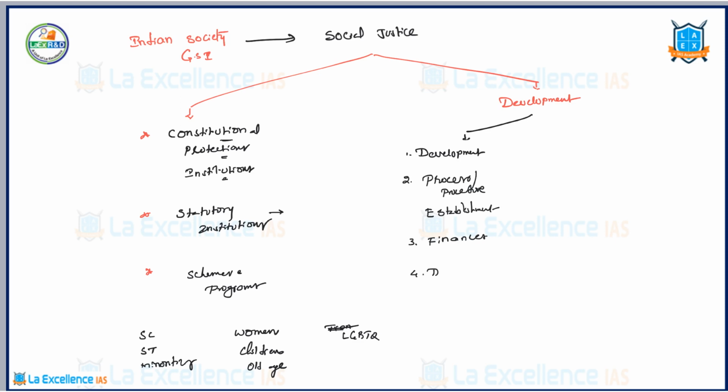Next, developmental institutions: the World Bank, the United Nations Development Programme, UNDP. They all are developmental institutions. In this case, there are national institutions like NABARD, and then international institutions for development.